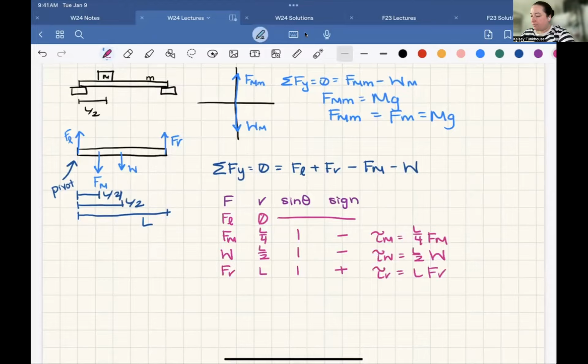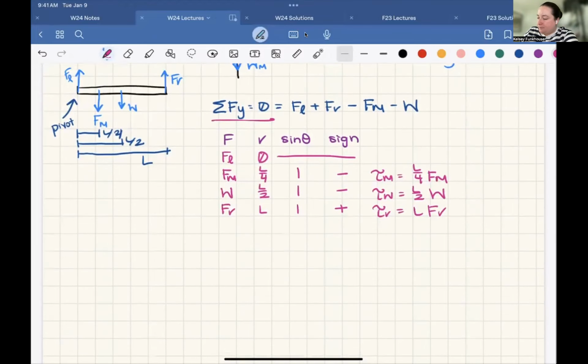Okay, cool. Now we do the same kind of sum thing, but sum of torque. So the sum of torque is equal to 0 because again, we're in an equilibrium situation. I should have included my signs in this. Actually, no, let's not.